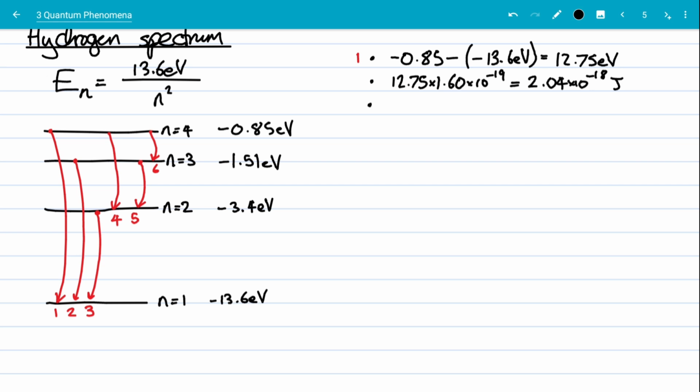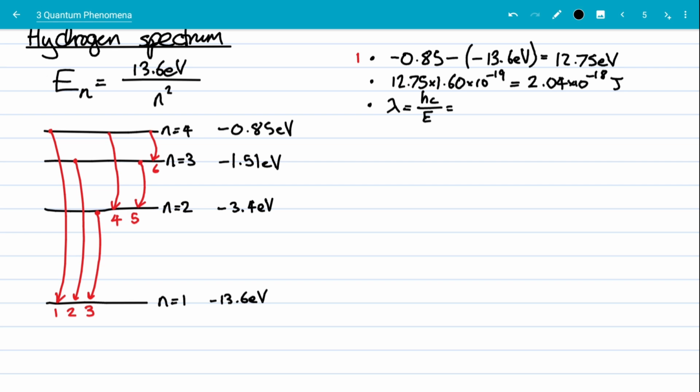What's stage 3? Well, now we've got the energy in joules, we're going to use E equals hc over lambda, and say that lambda is going to equal hc over E. And so that's going to be 6 point, now I need to remember what this is.